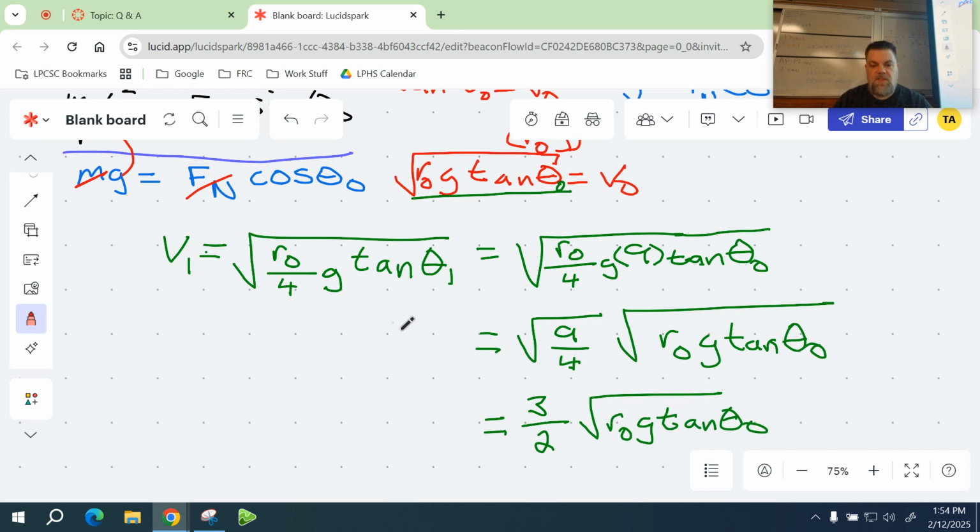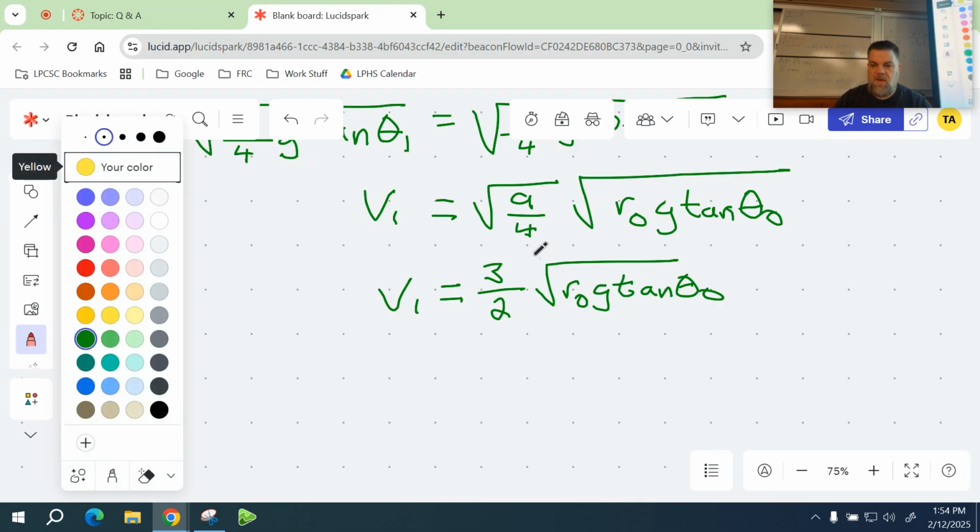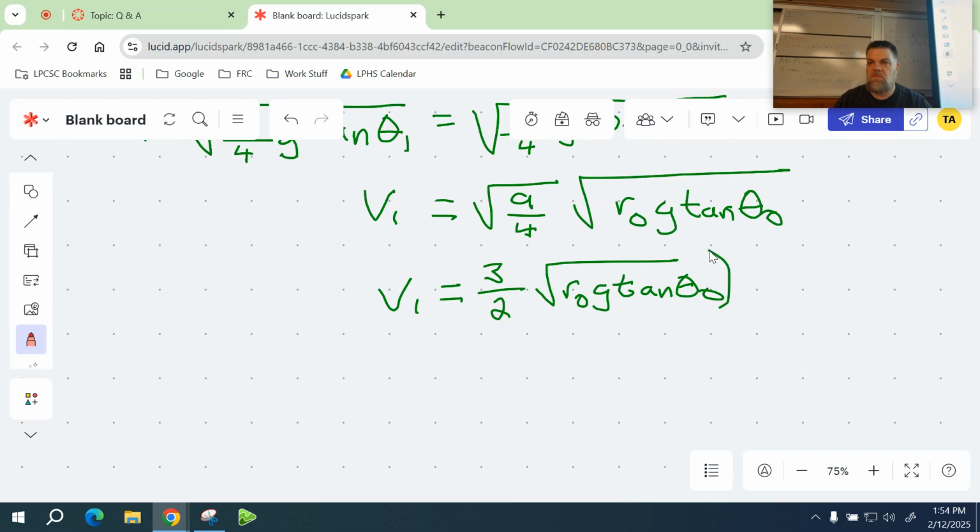And remember, this equals V1. Well, isn't this right here V naught? So then I would get V1 is equal to 3 halves V naught.